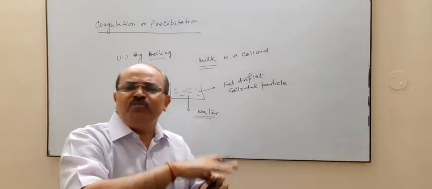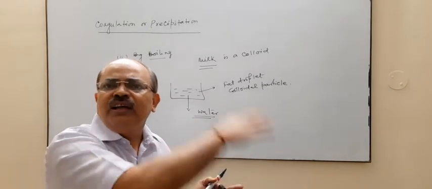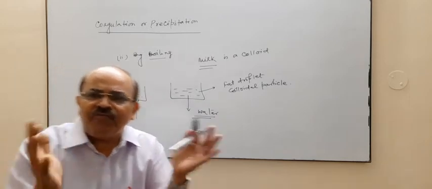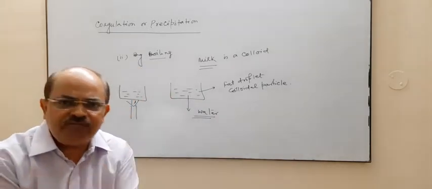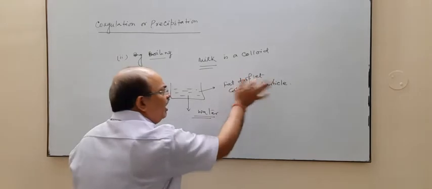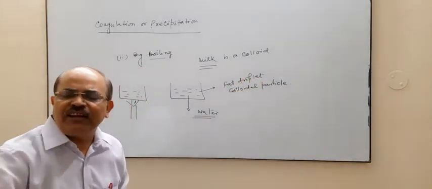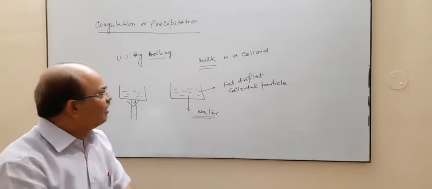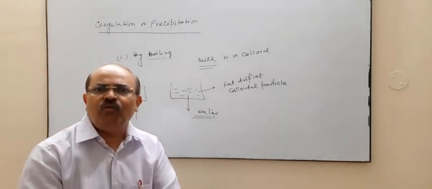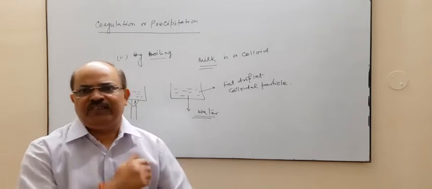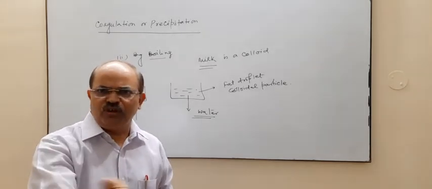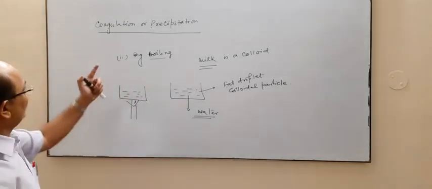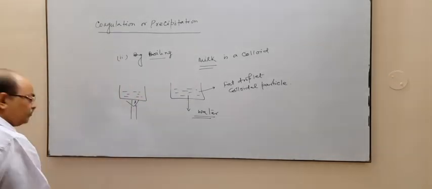The dispersion medium जो कि आपका वाटर था, it gets evaporated. वो evaporate हो जाएगा, and after evaporation the leftover material is only the fat droplet, that is the colloidal particle, which will coagulate or settle down or form a precipitate. So this is also one of the examples of how we can carry out precipitation, or you can say coagulation.